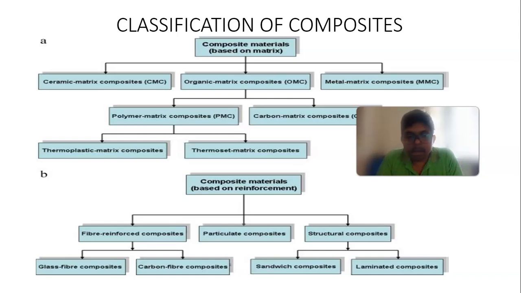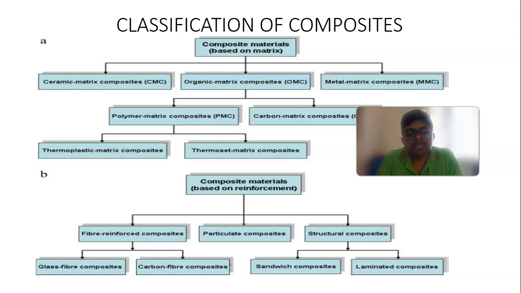This organic matrix has been classified into two different types: one is called polymer matrix, another is called carbon matrix. The polymer matrix is classified into two types: thermoplastic and thermoset matrix.